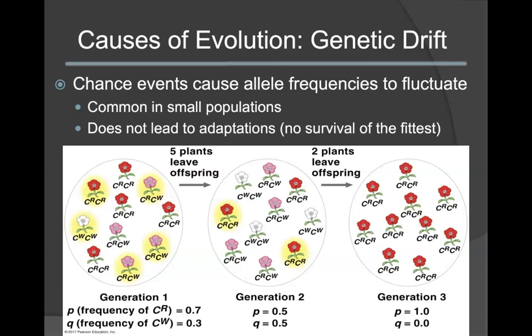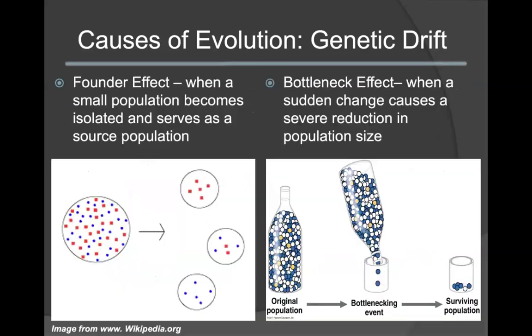This is an example of genetic drift, where random chance events have eliminated certain individuals from creating a subsequent generation, thus influencing the allele frequencies that result from that and causing the overall evolution or change in the allele frequency in a population. There are 2 main ways that genetic drift can cause alterations in the allele frequencies.